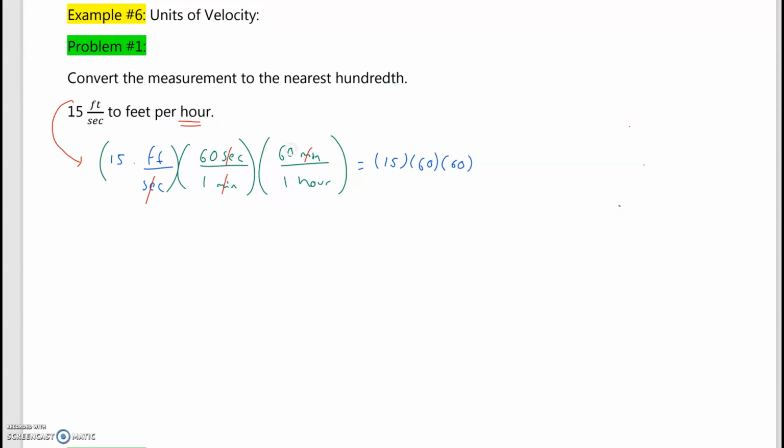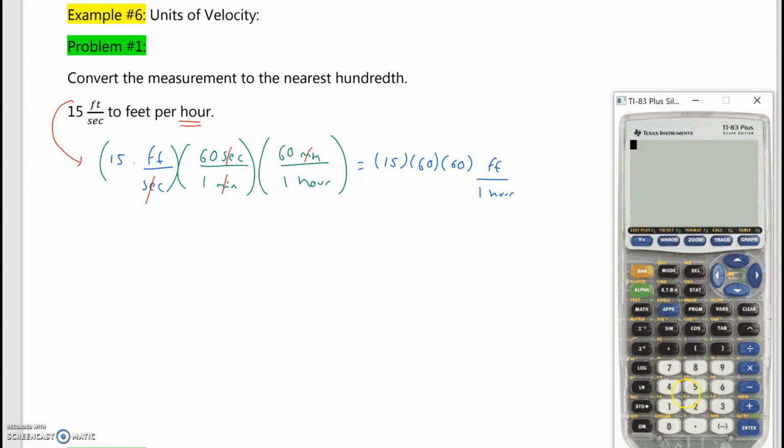Since everything cancels on the top for the seconds and minutes, you're just going to have feet on the top. And at the bottom, seconds cancel, so we have hours. Let me activate the calculator.